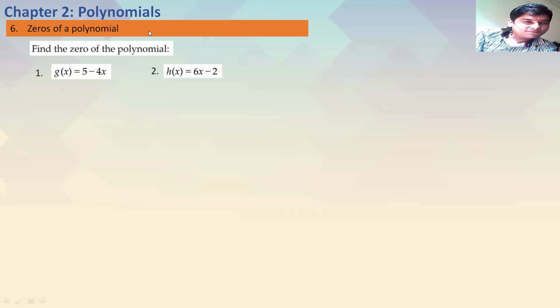Next one. 2 by 6. 2 by 6 can be simplified a little, I guess. 2 by 6 can be simplified to 1 by 3. Fantastic, fantastic.